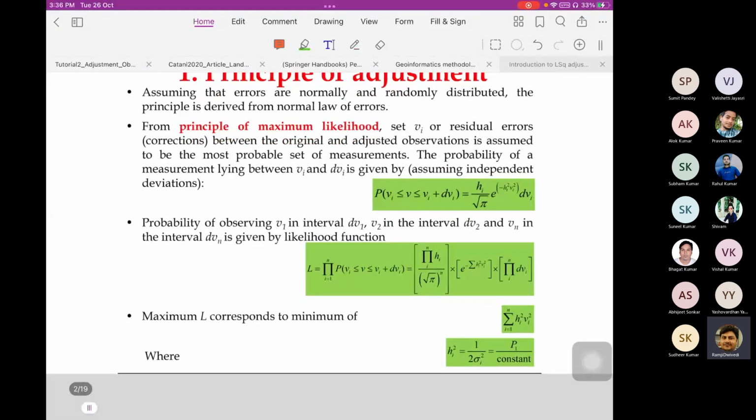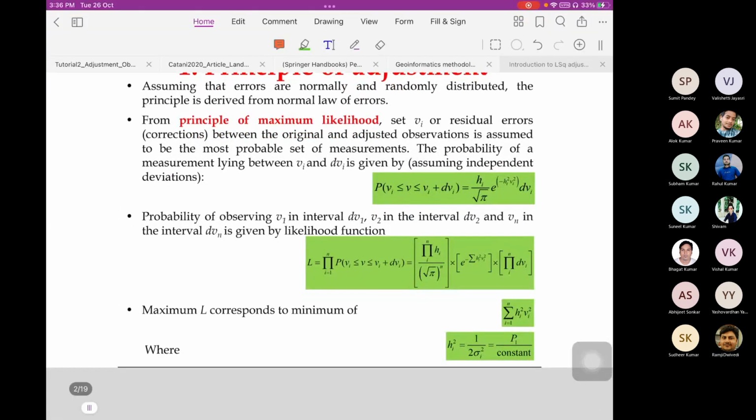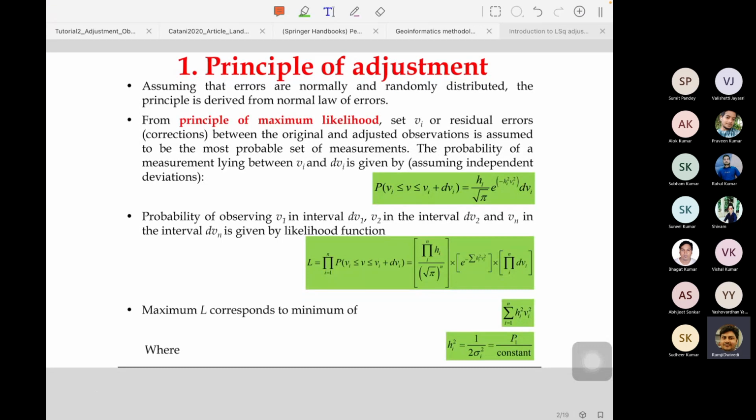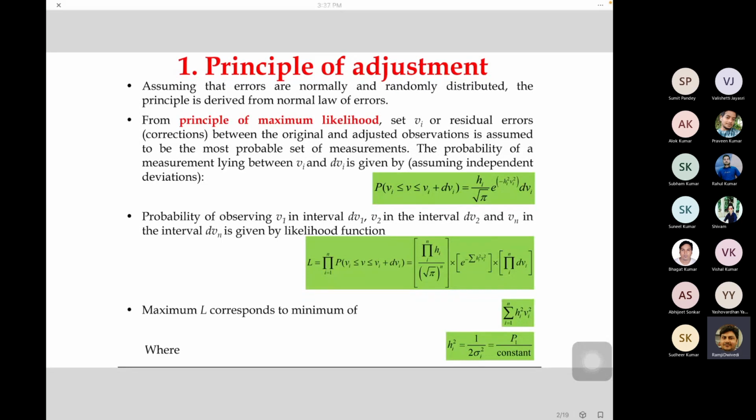Anyways, we are in a domain where we have to justify our adjustment approach. First, assume that errors are normally and randomly distributed.